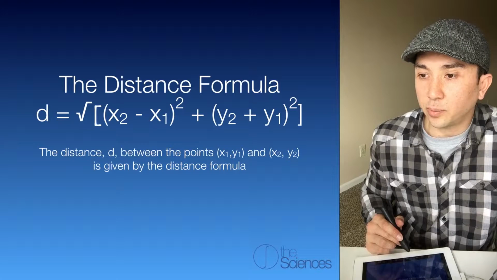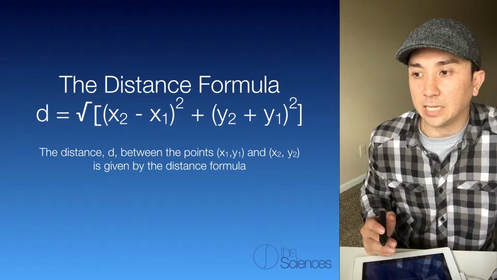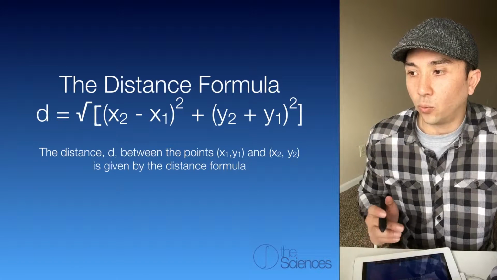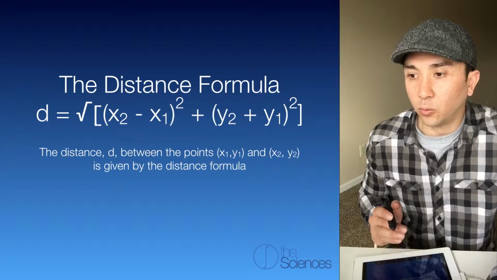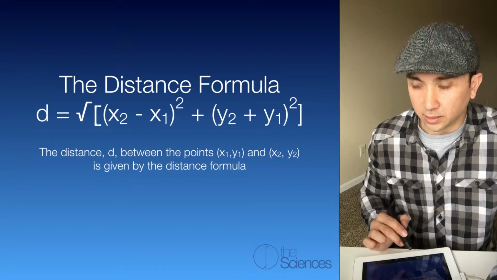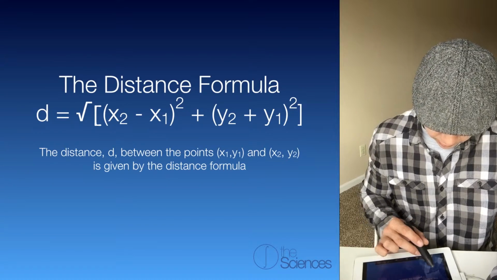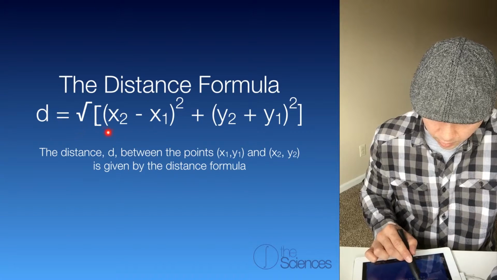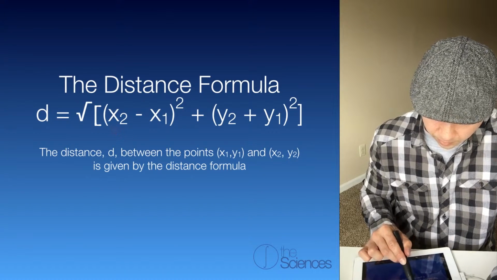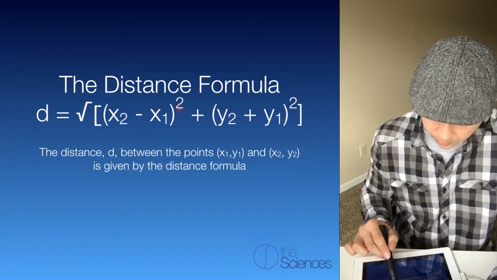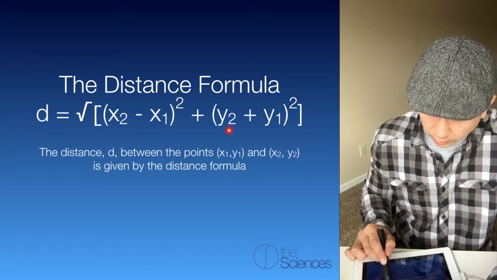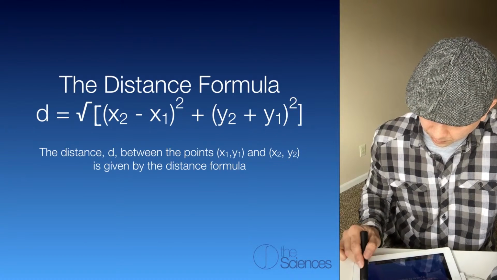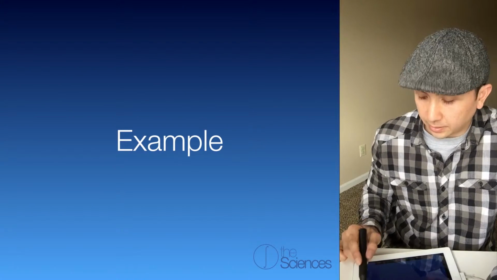So the distance formula states that the distance d between the points (x1, y1) and (x2, y2) is given by the distance formula. So here we have the distance equals the square root of (x2 minus x1) squared plus (y2 minus y1) squared.